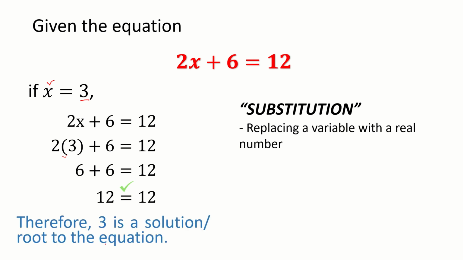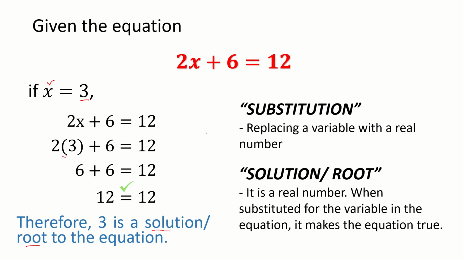In other words, this 3 is a solution or root to the equation. So how do we define solution or root? A solution or root is a real number, and when you substitute it for the variable in the equation, it makes the equation true.